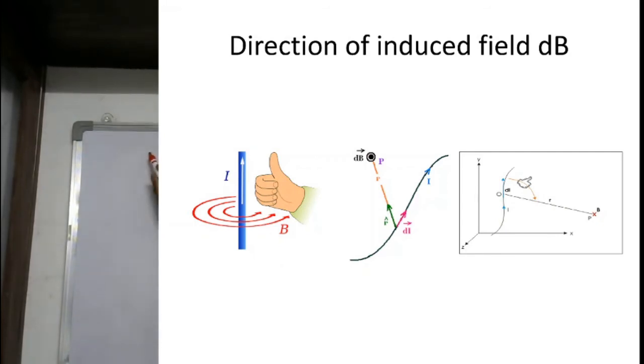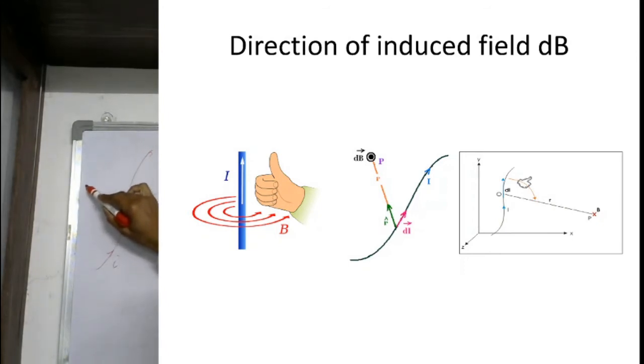Say this is your conductor. You are taking your dl somewhere here. Suppose you have the option of considering the point here, or you may take the point here.